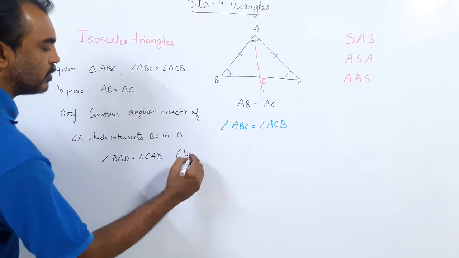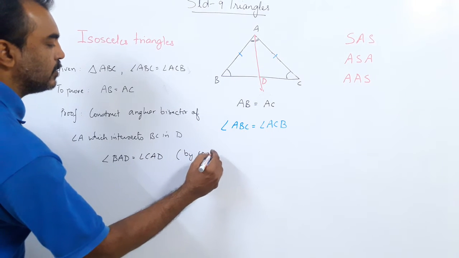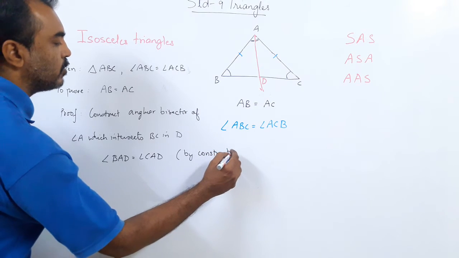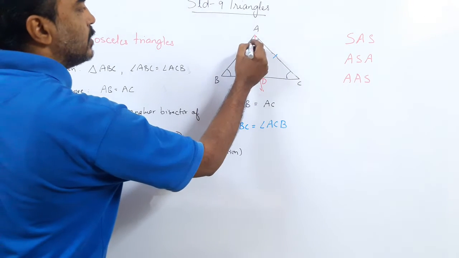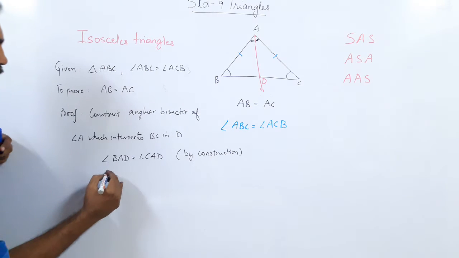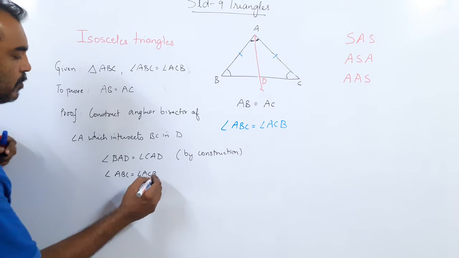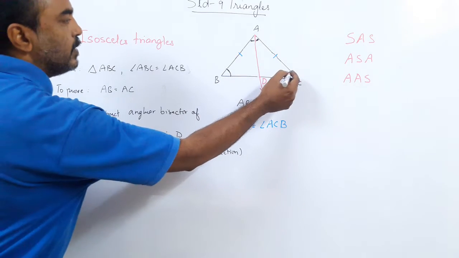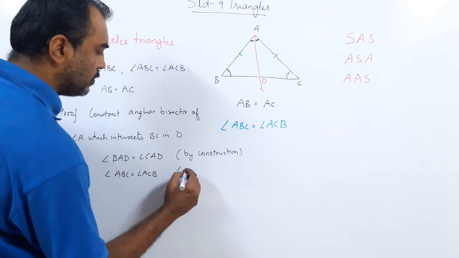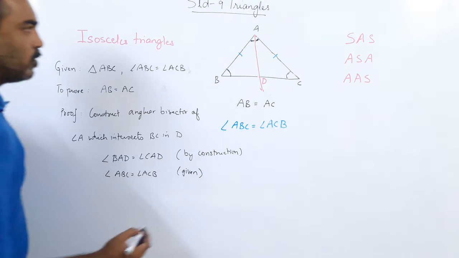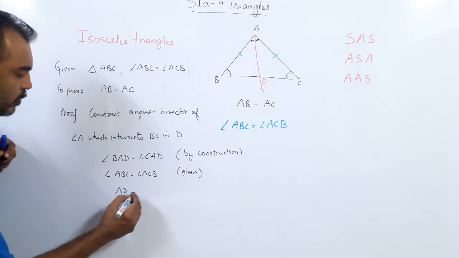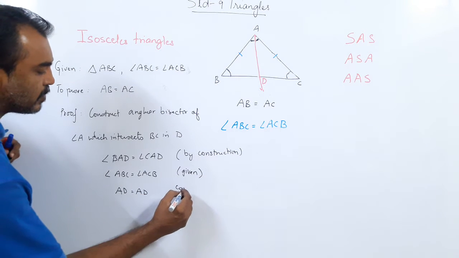That is by construction, because I drew an angular bisector, this angle and this angle are equal. Now angle ABC equals angle ACB is given to me. And AD equals AD, common side.